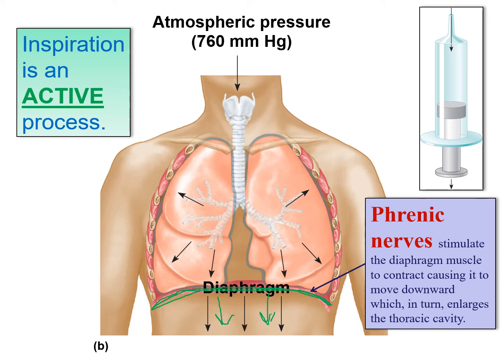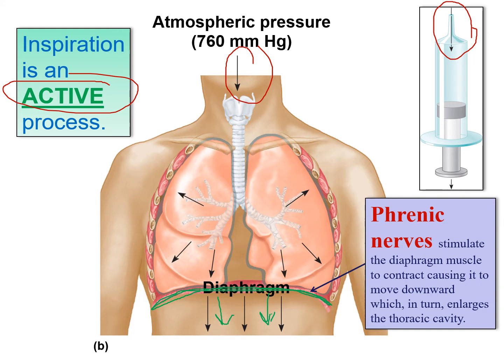And of course, as the arrow shows here at the top, air would move in from the outside. Well, in the same way that the plunger is moving down, bringing air into the syringe, when your diaphragm moves down, when it contracts in response to the phrenic nerve stimulating it, guess what? Air moves in. So we talk about this being an active process, meaning in order to inspire air, we have to have nervous stimulation inducing contraction of muscles.